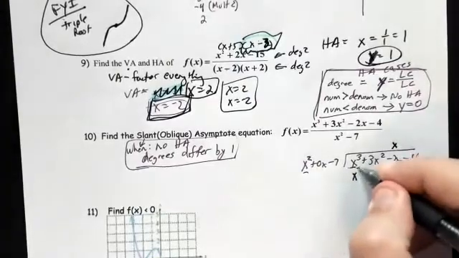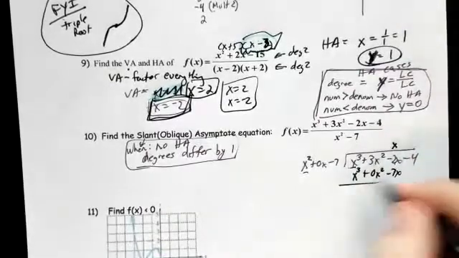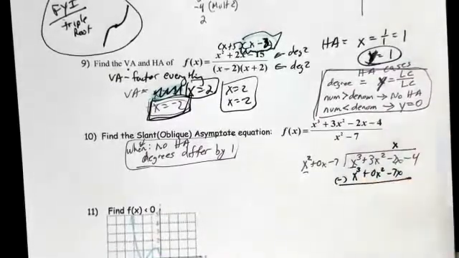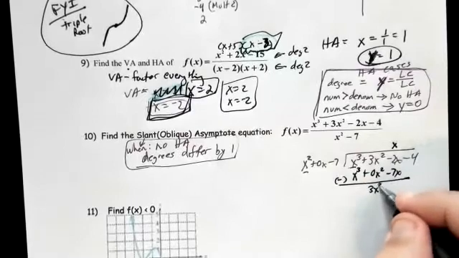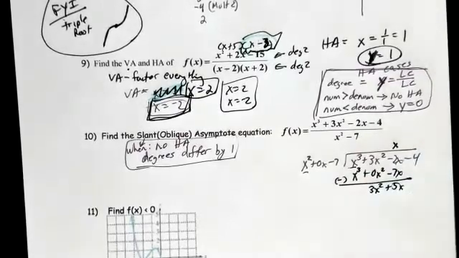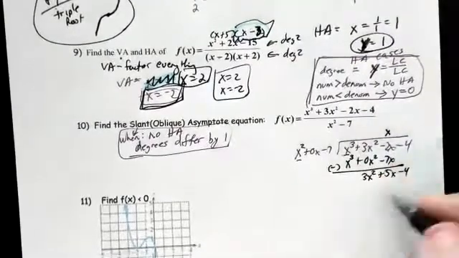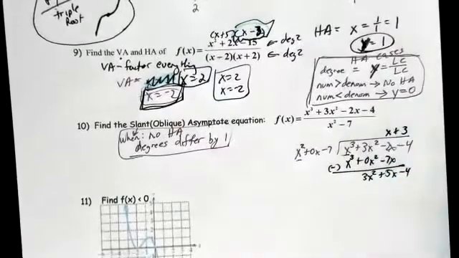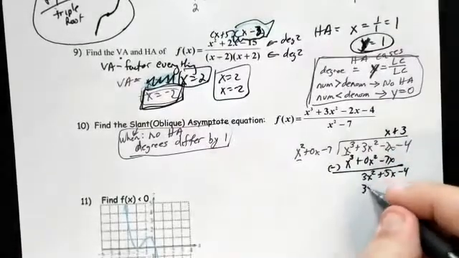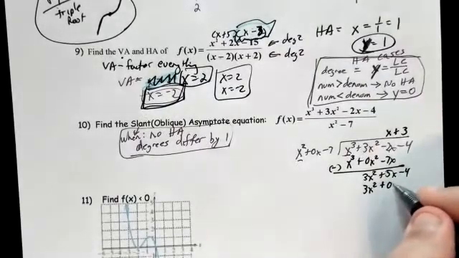We multiply x cubed plus 0x squared minus 7x. We subtract, which gives me 3x squared plus 5x minus 4. Match it up one more time. That's a plus 3. It'd be 3x squared plus 0x minus 21.